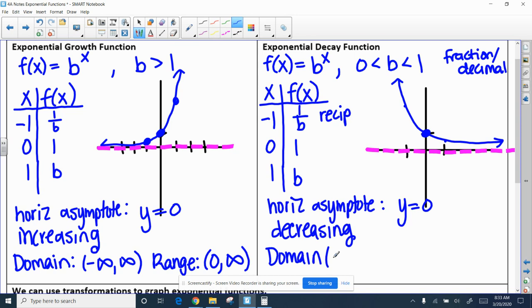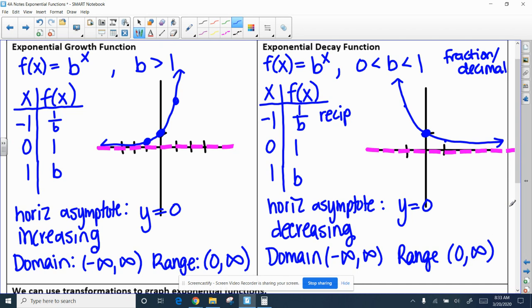The domain is still -infinity to infinity because we can still plug in any x values we want. It goes infinitely to the left and right. And then the range is still 0 to infinity because the lowest we ever get is 0, but never actually equal to 0. So that's why the 0 here has parentheses.